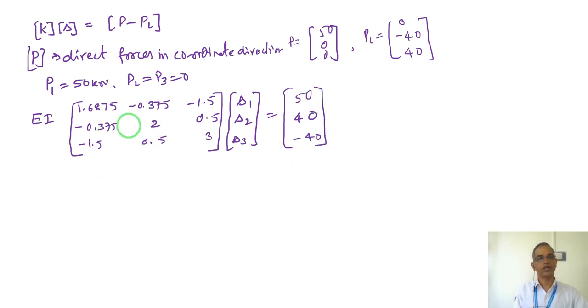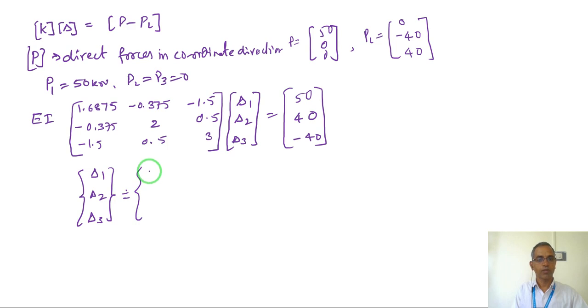Then taking the inverse, use the 3 by 3 matrix inverse in the calculator. Taking the inverse of this, I can find out delta 1, delta 2, delta 3, which are, very important, nothing but my displacement at B and theta at B and theta at C. This is equal to the inverse multiplied with this matrix.